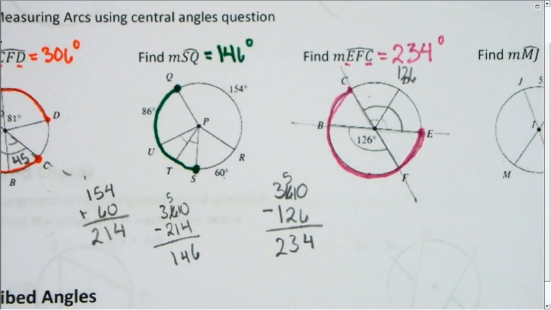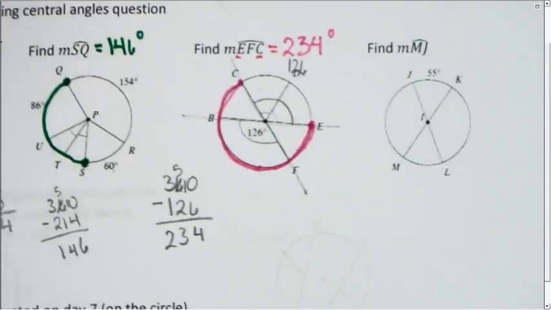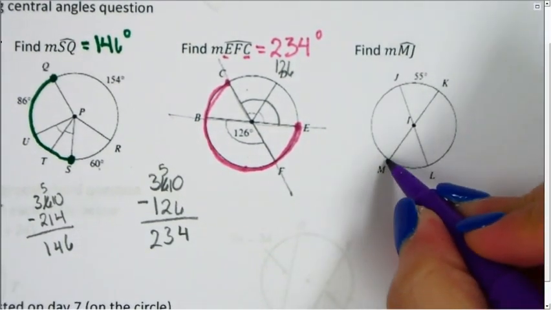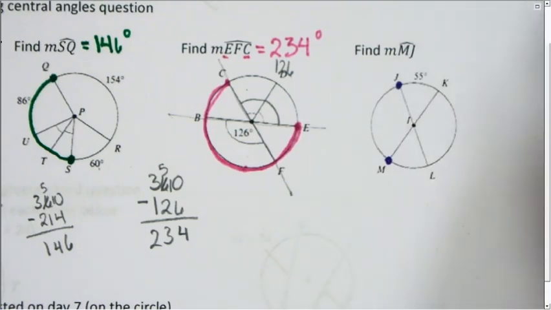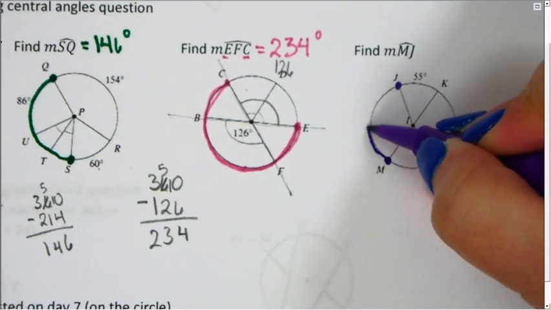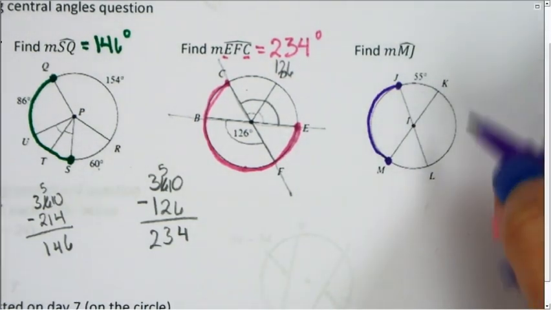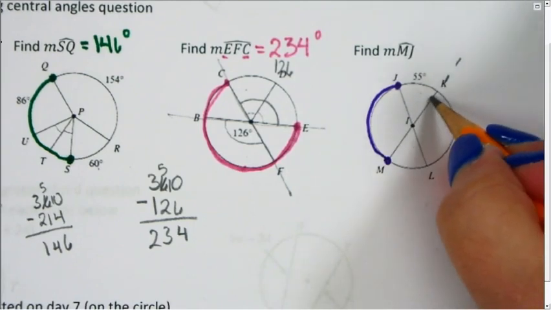The last one, practicing information from day 2, is finding the measure of arc MJ. Again, when I only have 2 letters, that means I'm starting at M, ending at J, and going the shortest distance from M to J. I need to think about the fact that I have this diameter right here.